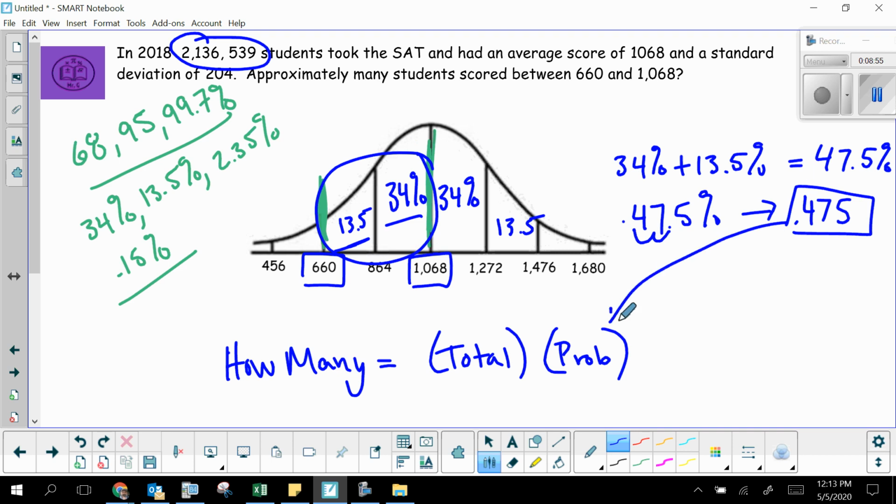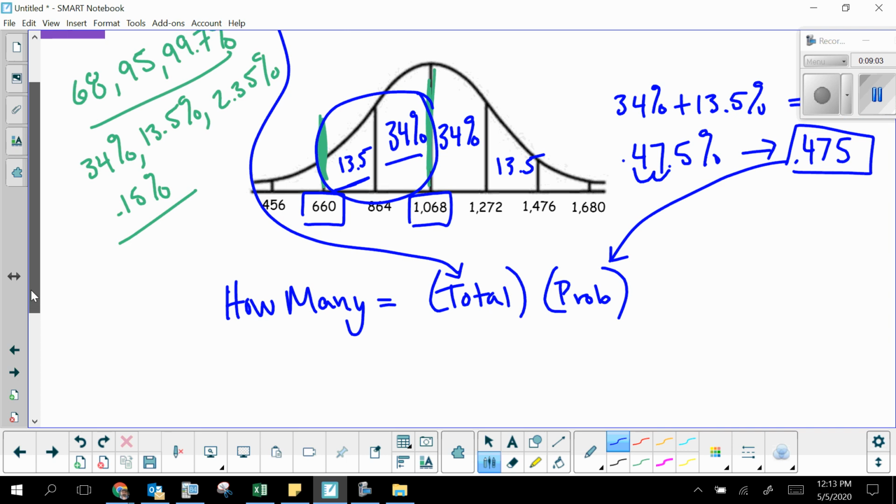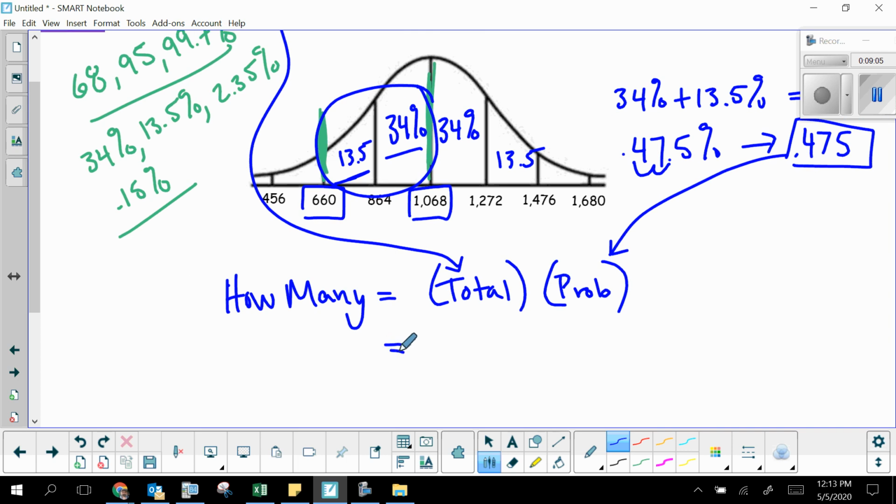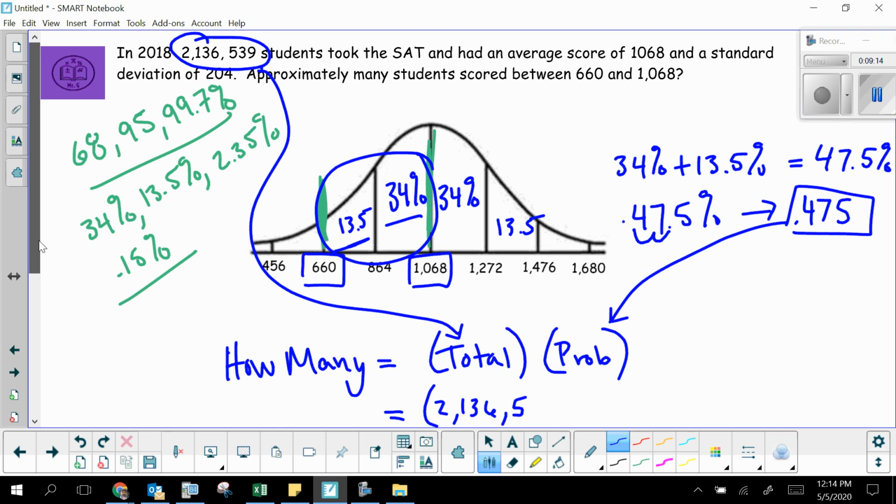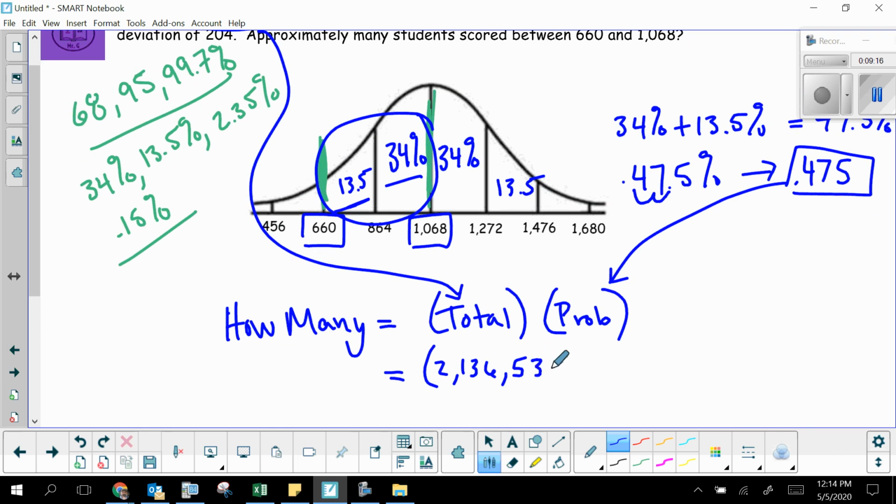So that's what's going to go in there. The 2 million students, that's what's going to get plugged into your total. So how many students scored between 660 and 1068 is equivalent to 2,136,539 times 0.475.